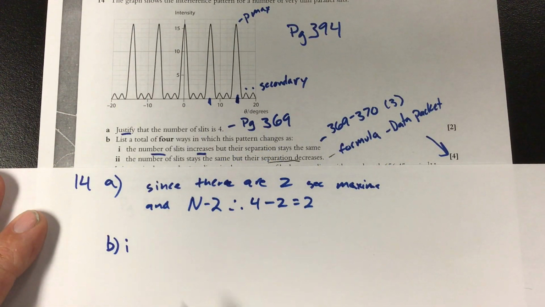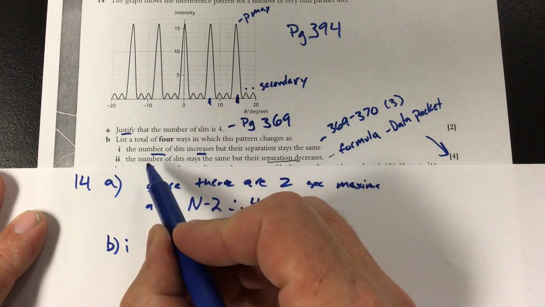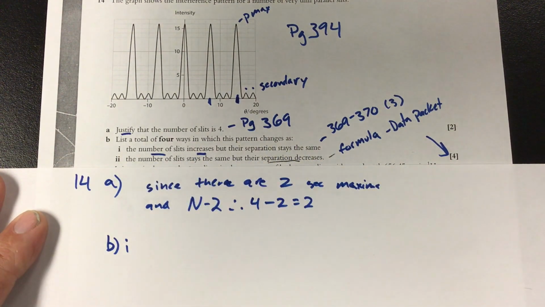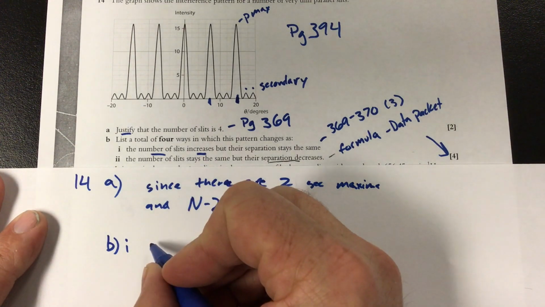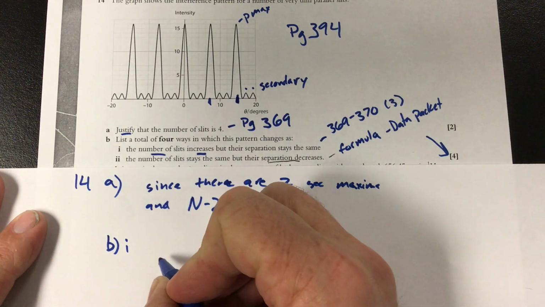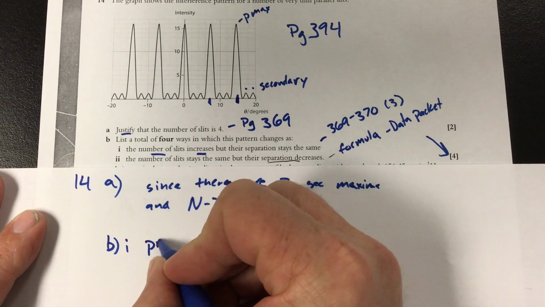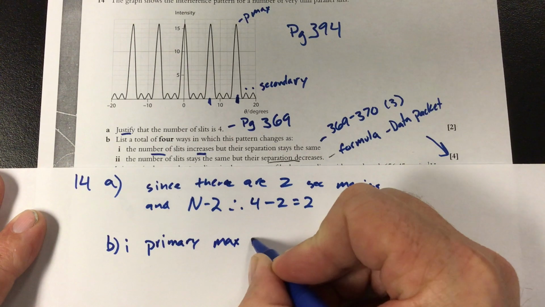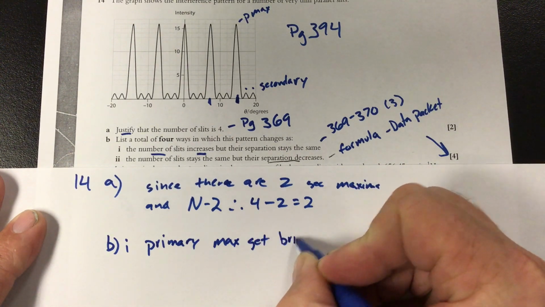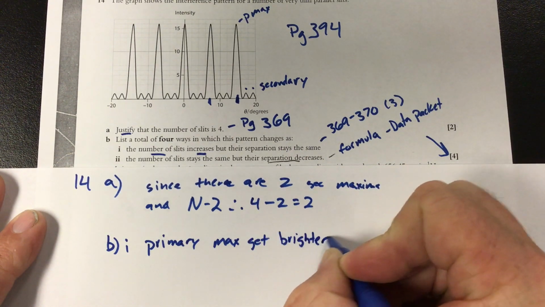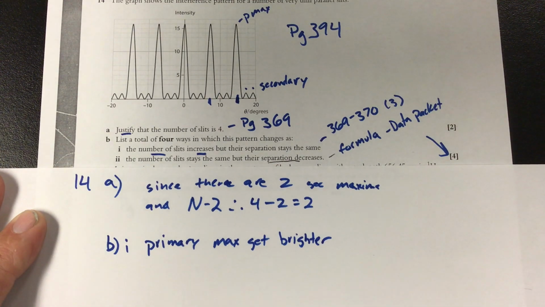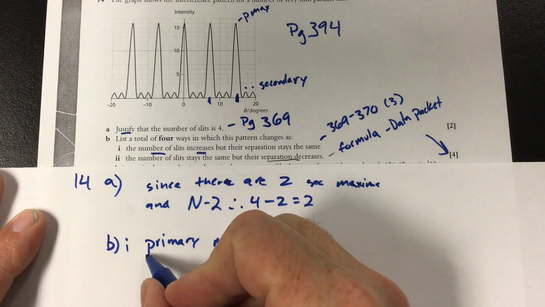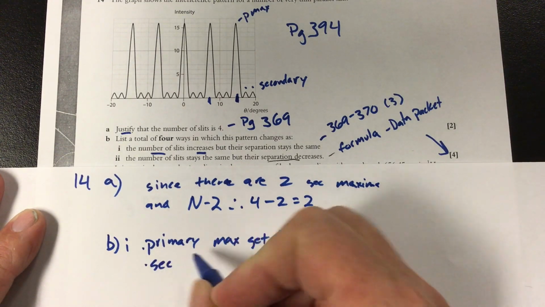So for B I, let's think. The number of slits increases, but their separation remains the same. If we have more slits, we have more openings. Well, the primary maximums are going to get brighter. But the secondary maximums, what happens to them?